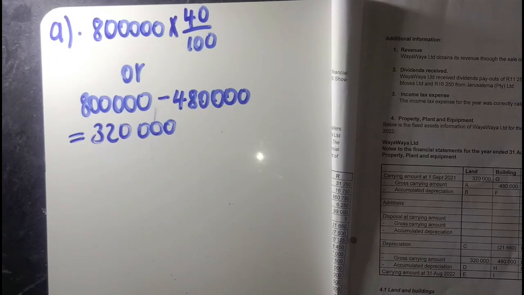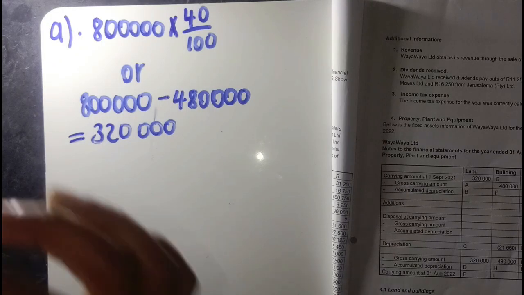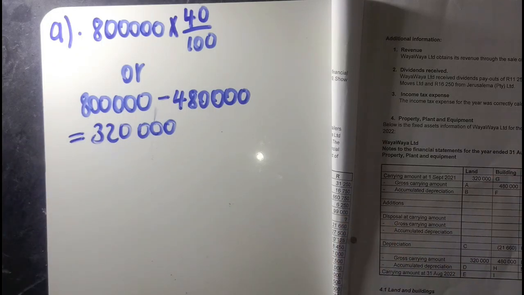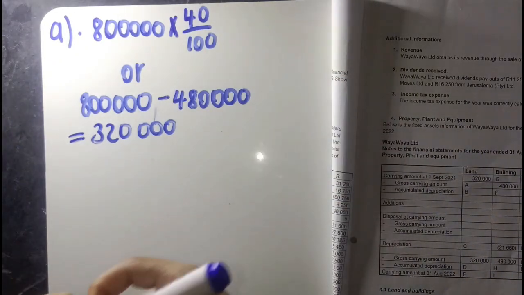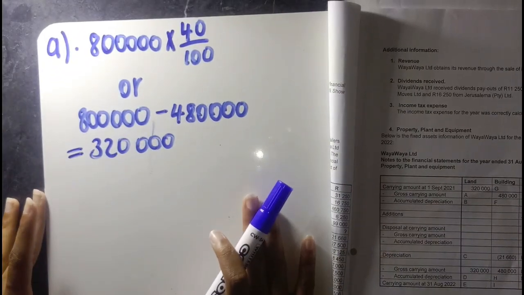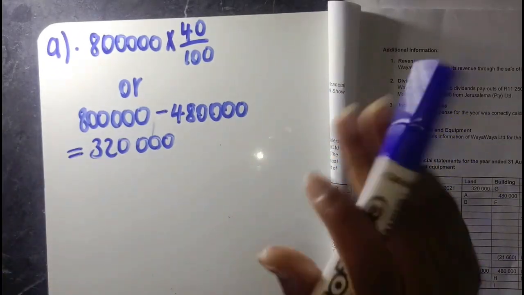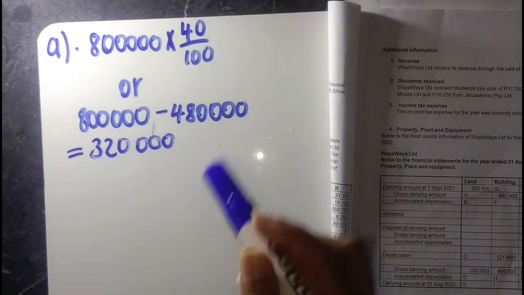So you choose the one that is best for you, but the answer has to be 320,000, right? So one of two ways. It doesn't matter how you kill the cat, as long as the cat is dead, we are moving. Okay, let me erase this.